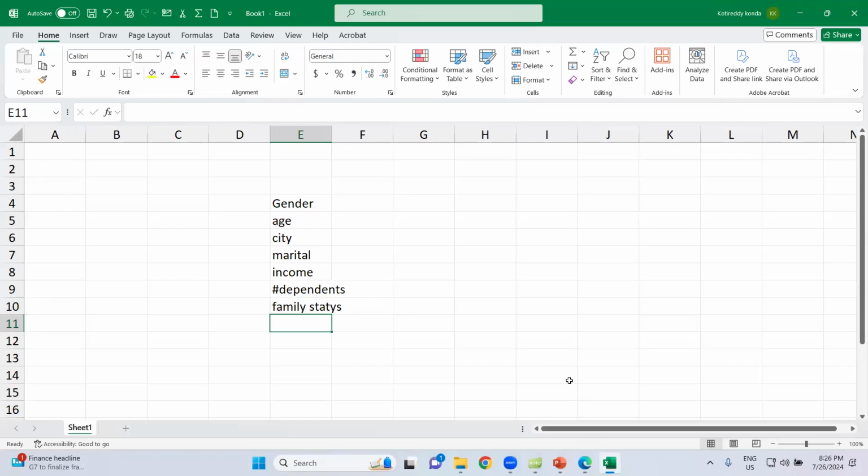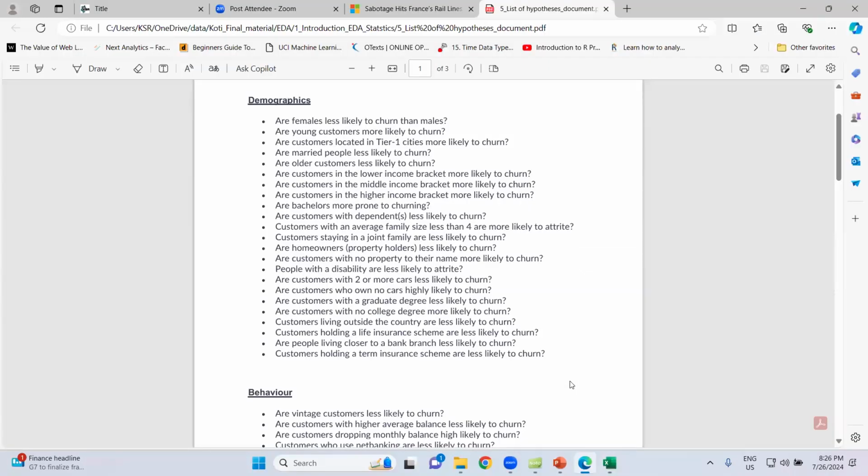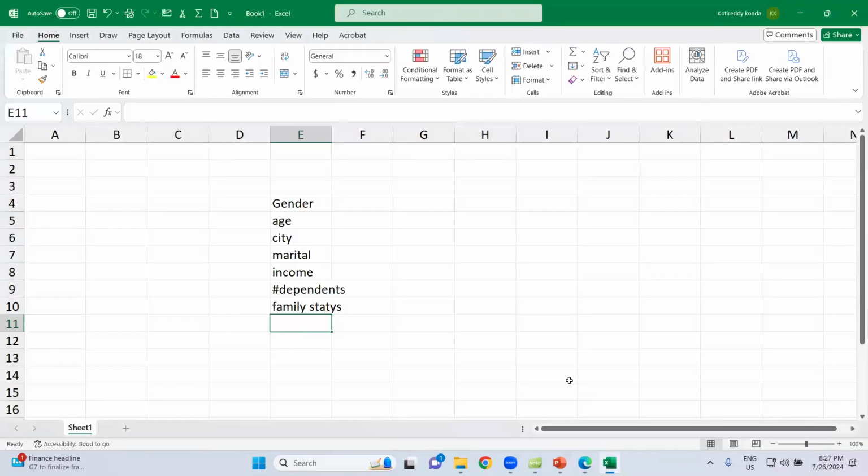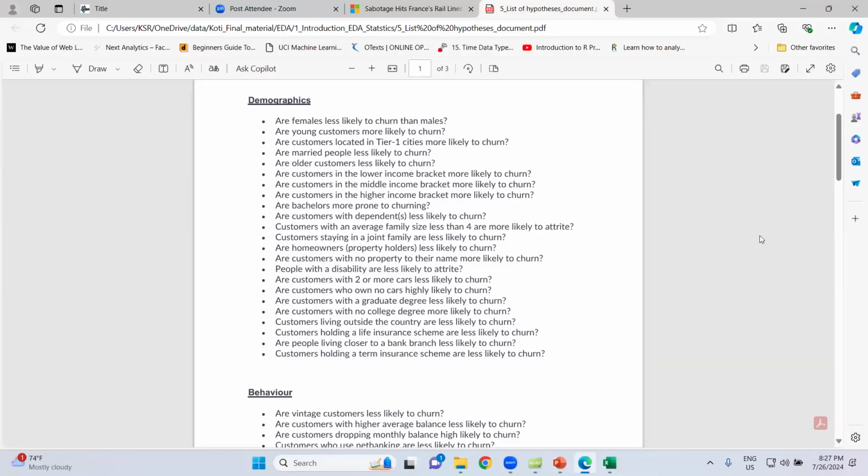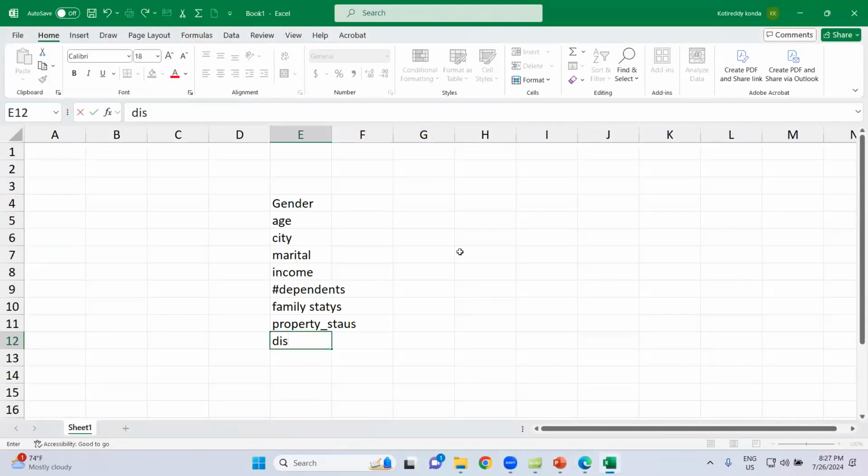small or nuclear family, right? Are homeowners, like property status? Property status. Is it owner or rent? Right? Next, customer with no property means again it is covered. Disability. Do you have any disability?